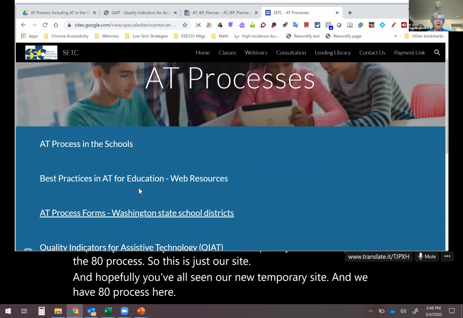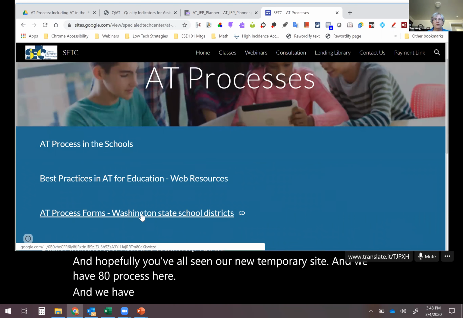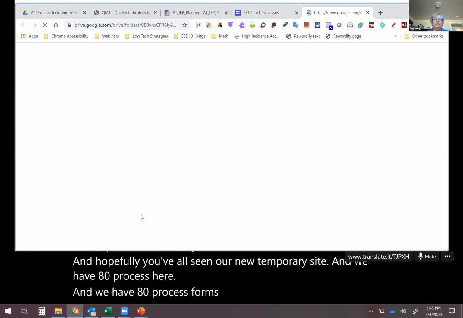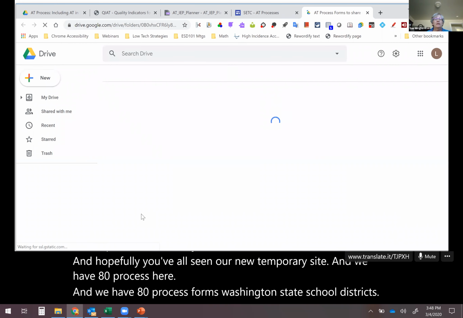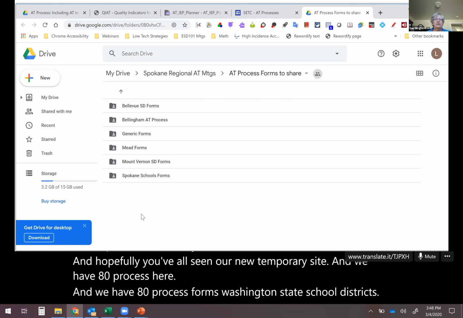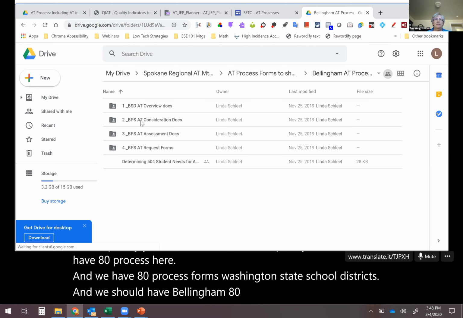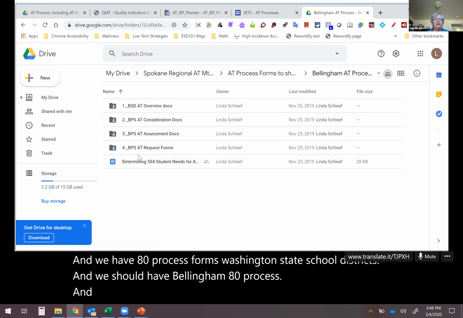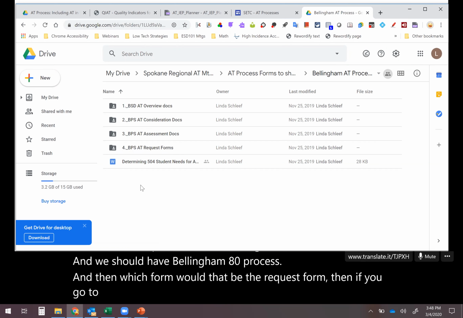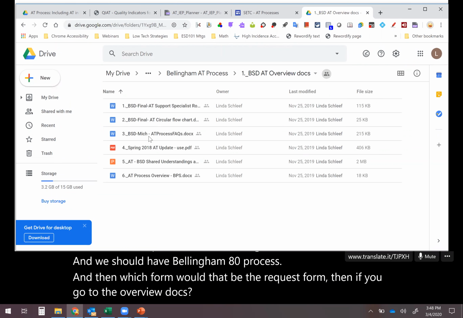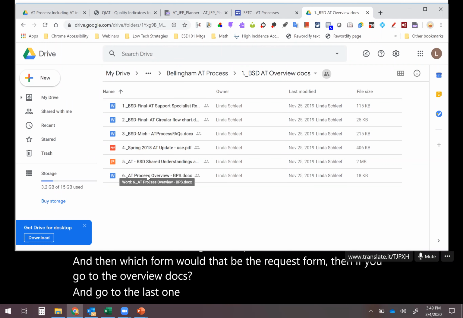We have AT process forms, Washington State School Districts, and we should have Bellingham AT process. Then which form would that be? The request. And then if you go to the overview docs and go to the last one, AT process overview.